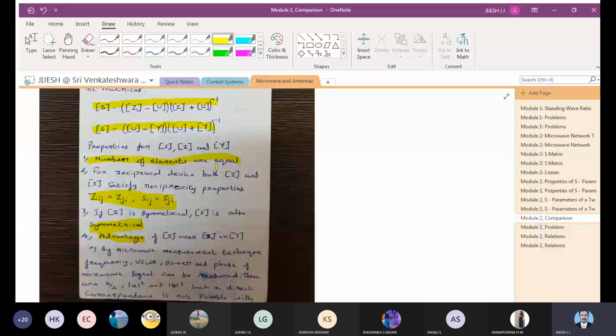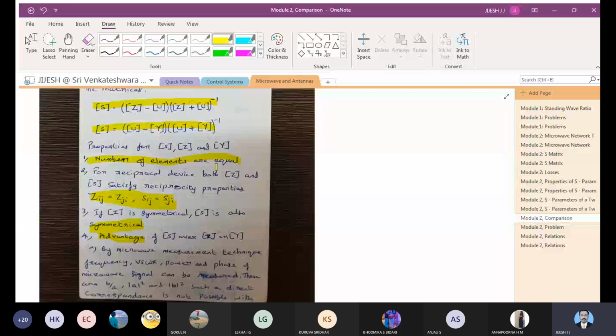If there is a mismatch in the power, you can understand that by having this unitary property, you can have a quick check over the S parameters, whether it is in place or not. If you go with Z or Y, an intermediate check is possible with respect to Z or Y parameters. So in the case of S parameters, we can have a quick check of power balance, but that is not possible in the case of Z or Y parameters.